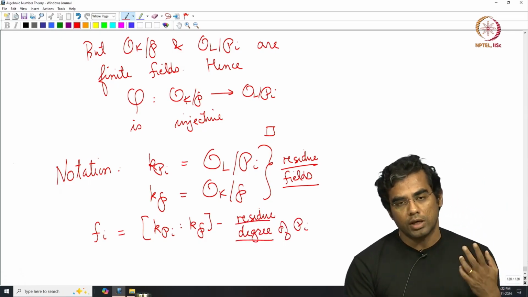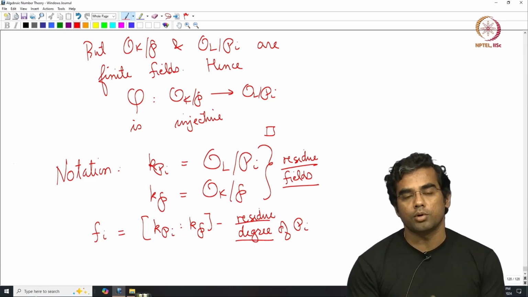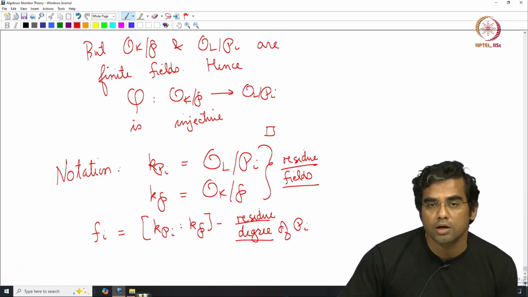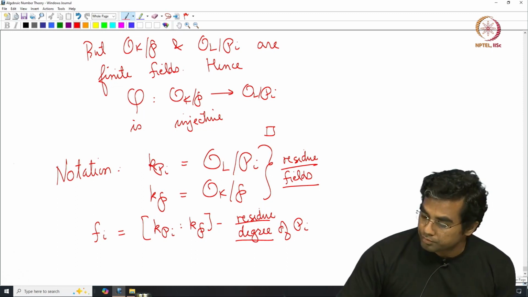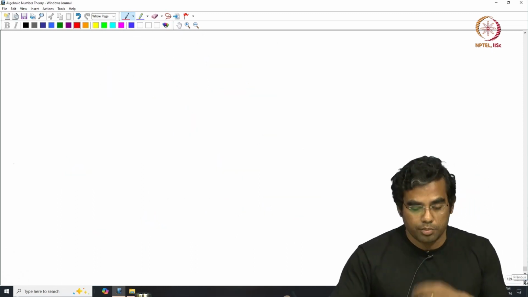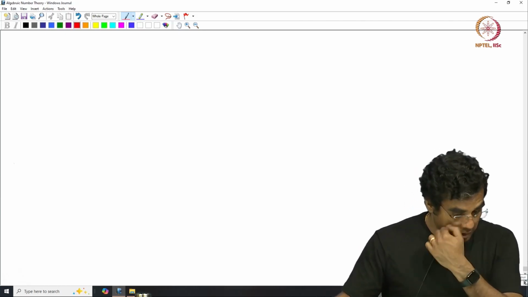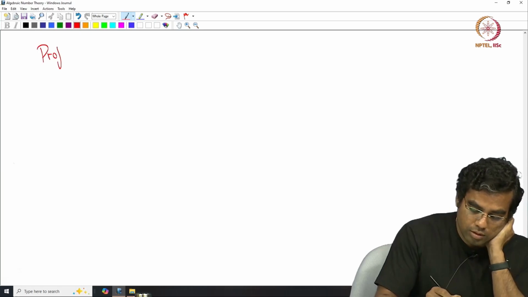So, ramification index, residue degree, okay, and then R is the number of primes above the prime P. So, these are important indices, and now I am going to give you an important relationship between these indices. So, here is a proposition.